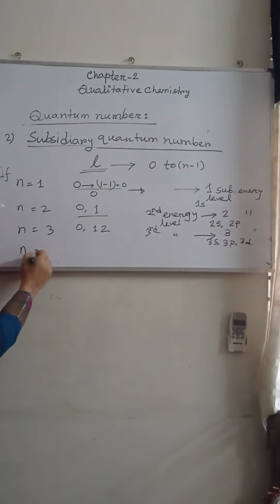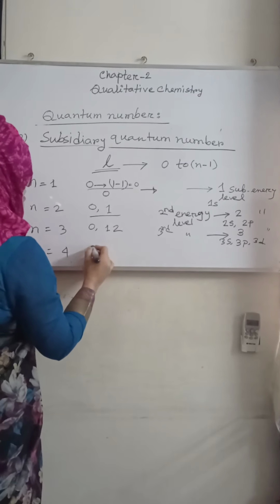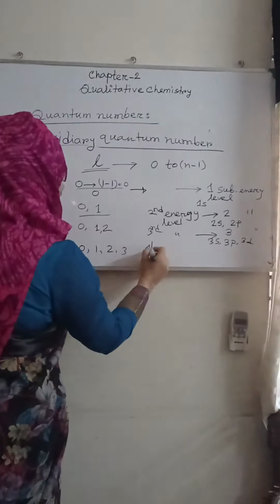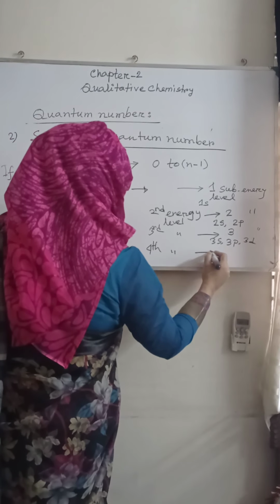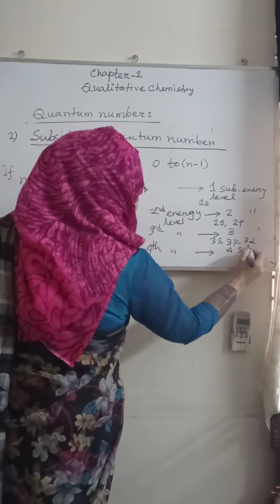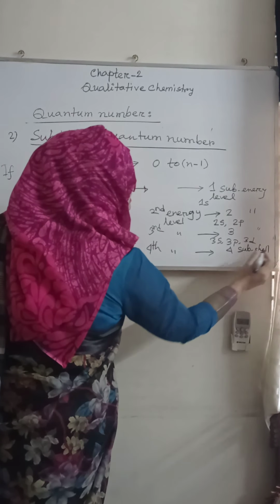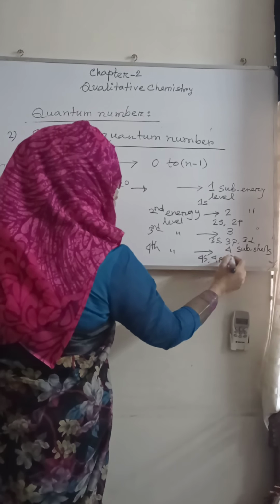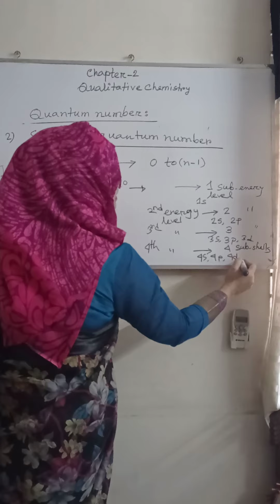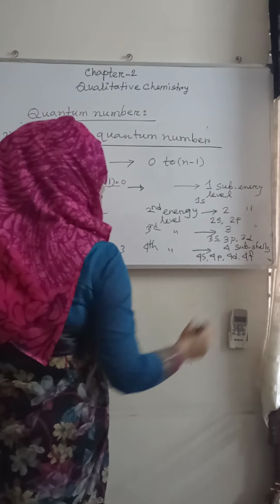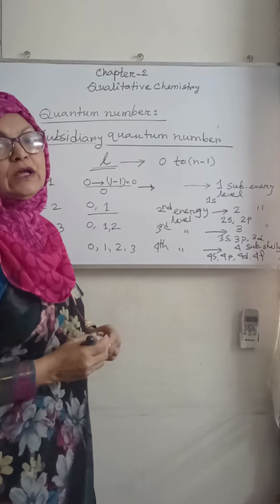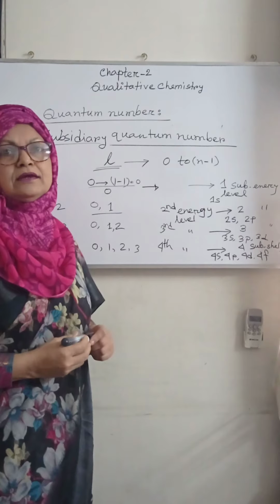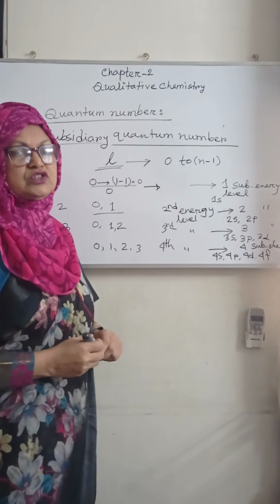When n equals 4, the value of l is 0, 1, 2 and 3, that is the fourth energy level has 4 subshells, represented by 4s, 4p, 4d and 4f. Usually, a principal energy level has a maximum of 4 subshells.